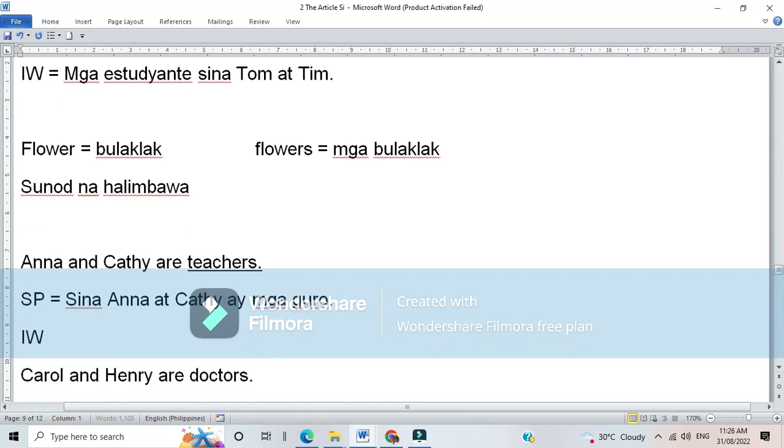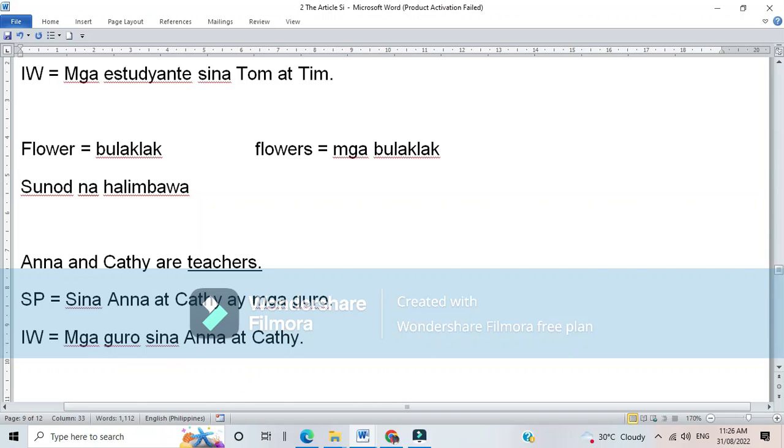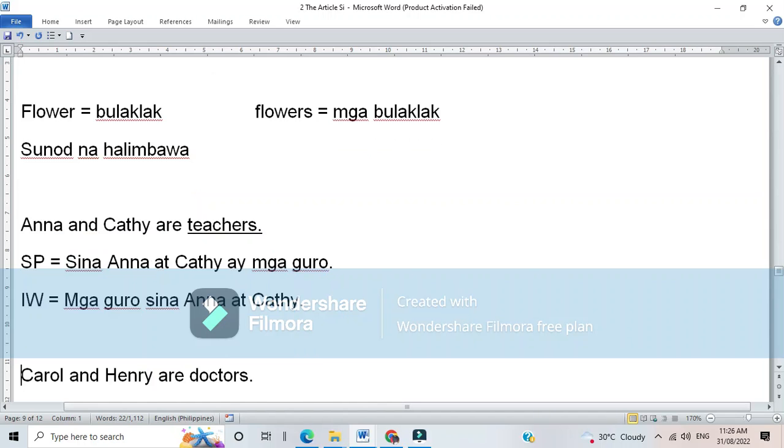Using the inverted word order, mga guro sina Ana at Cathy. Okay? So this is how we construct Tagalog sentences. So, okay, this is the subject predicate word order, and this is the inverted word order. Actually, the most common sentence formation in Tagalog is the inverted word order.